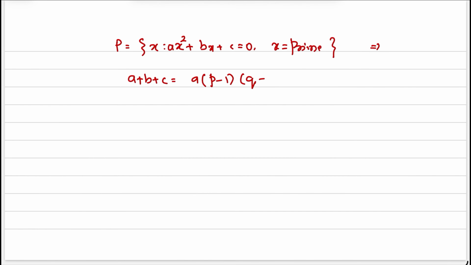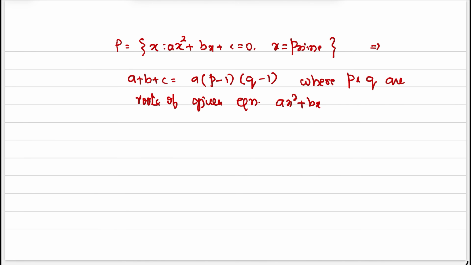With this, I want to conclude this lecture with the condition that if set P is equal to x such that ax square plus bx plus c is equal to 0 and x is a prime number, then a plus b plus c is equal to a into p minus 1 into q minus 1, where p and q are roots of the given equation ax square plus bx plus c is equal to 0 and are prime.